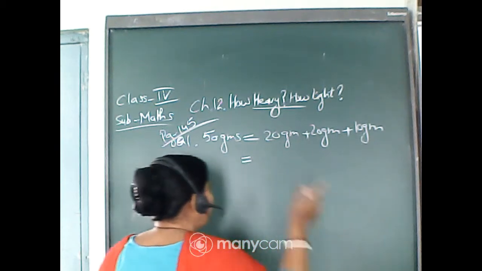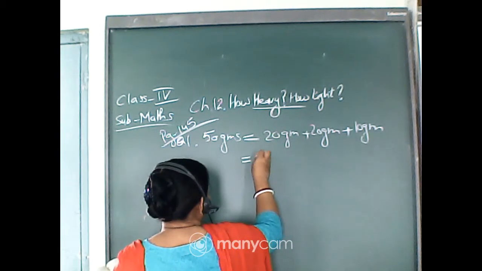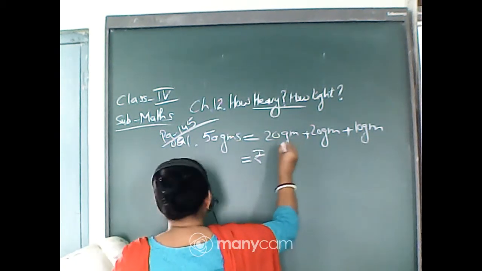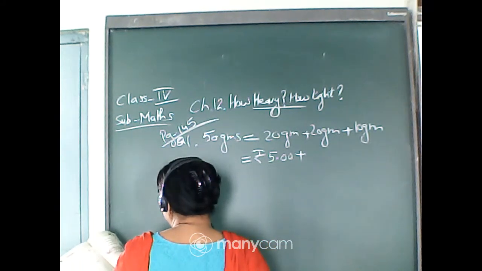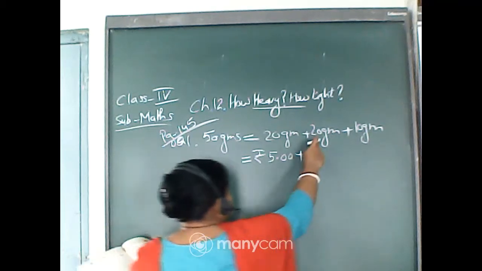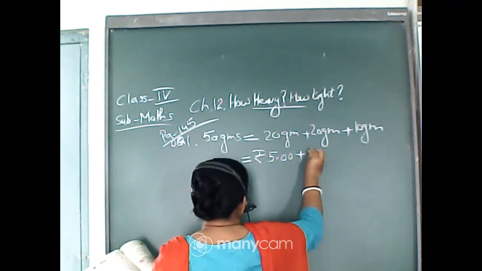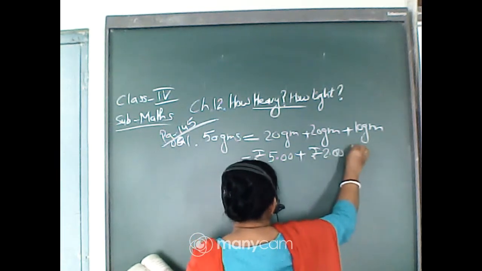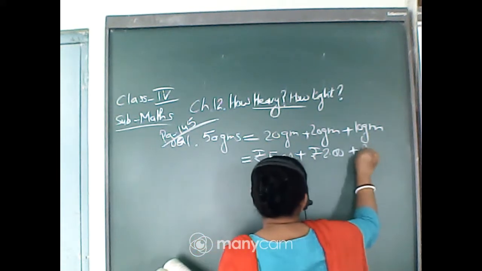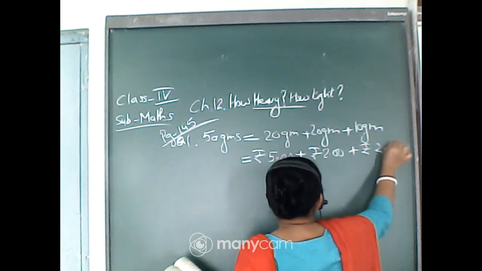Now see, for the first 20 gram you have to give rupees 5, and after that it is written for every additional 20 gram. These are the additional, isn't it? So you have to pay rupees 2 for additional. Now this 10 gram is also coming for 20 grams, so this will also be rupees 2.